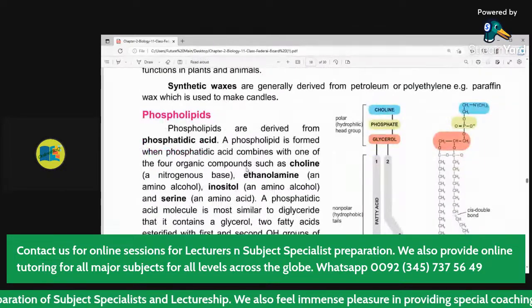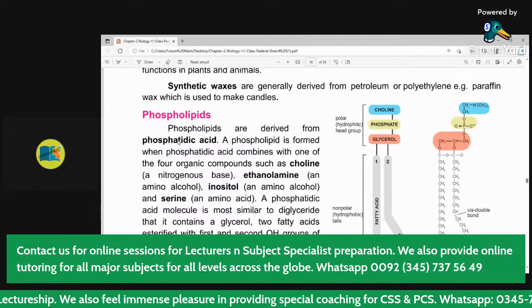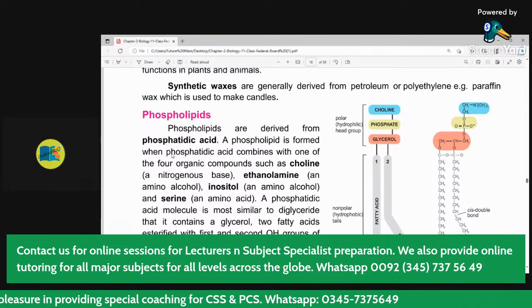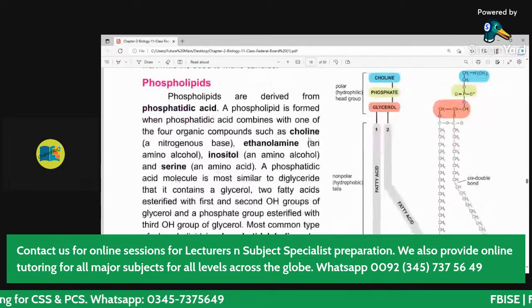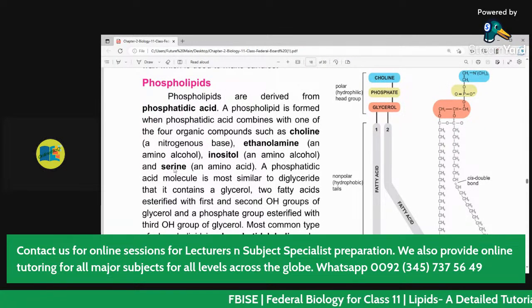The next group of lipids is phospholipids. Phospholipids are derived from phosphatidic acid. A phospholipid is formed when phosphatidic acid combines with one of four organic compounds: choline, ethanolamine, inositol, and serine.